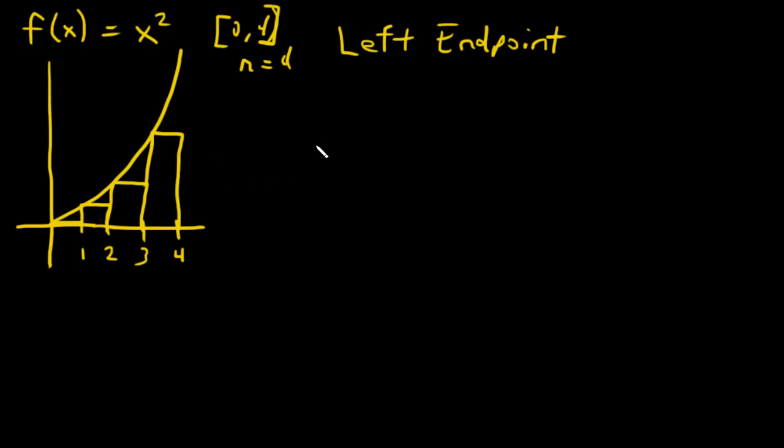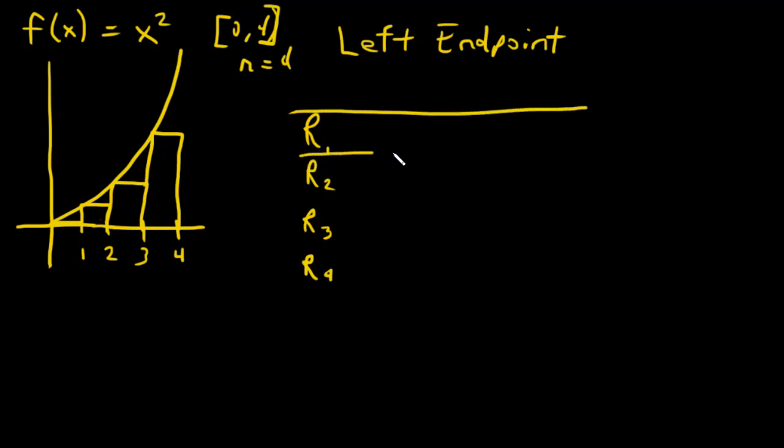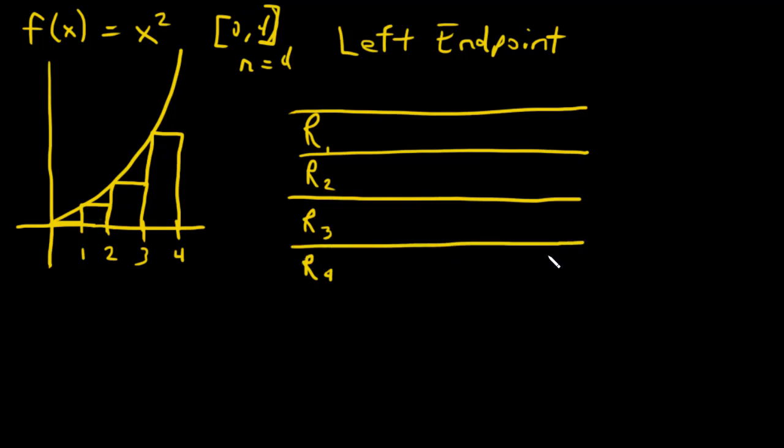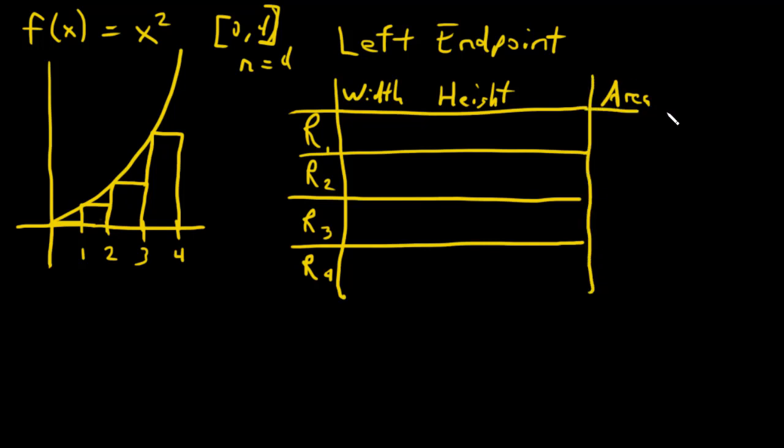And if I try to work out my R1, R2, R3, and R4, width, height, and area. I realized I wanted to do a little bit of extra room for the height.